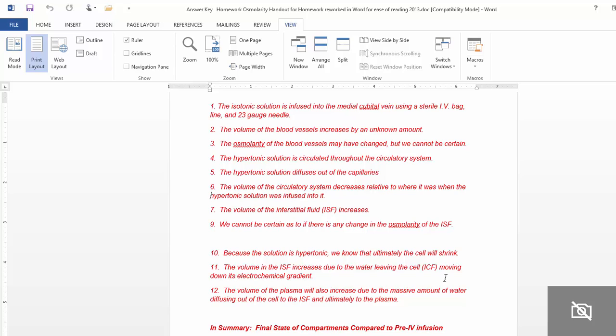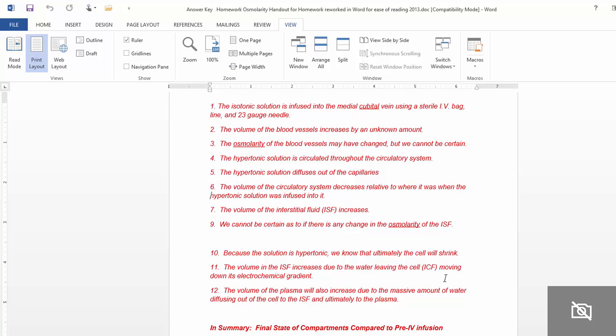It has to go up, right? It has to, but you just don't know how much. If you lose water from a solution, there is more solute. If the definition of osmolarity is the amount of solute per volume, then it has to have gone up. The osmolarity has to have increased. So if it was 300, it's above 300 now. It has to be.